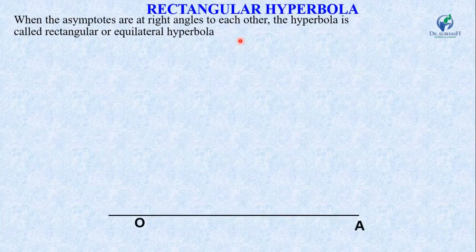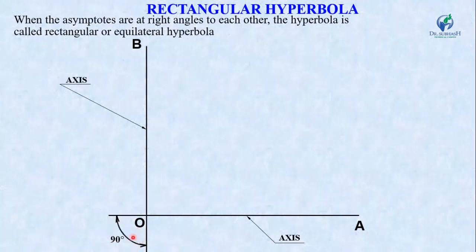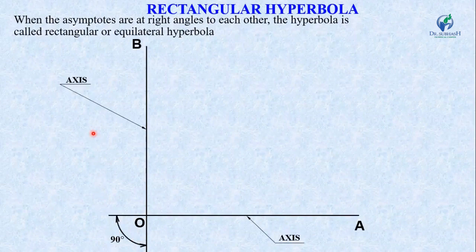So for that, if the two coordinates x and y are given, first of all draw the x-axis OA, and another axis OB. Both are perpendicular to each other, at a 90-degree angle. Now as per the given data, mark a point at a distance of x on this axis OA.